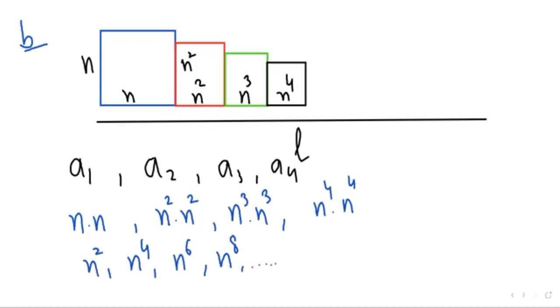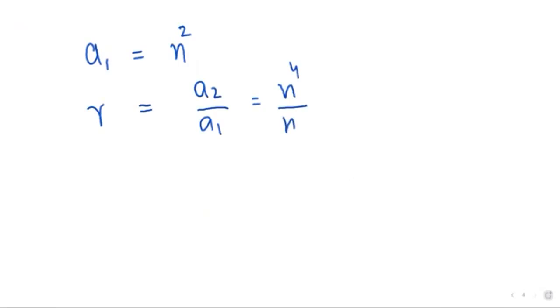So we can see our first term, a1 of this area sequence, is n squared, and r can be calculated by a2 divided by a1, which is n to the fourth divided by n squared, which is equal to n squared.